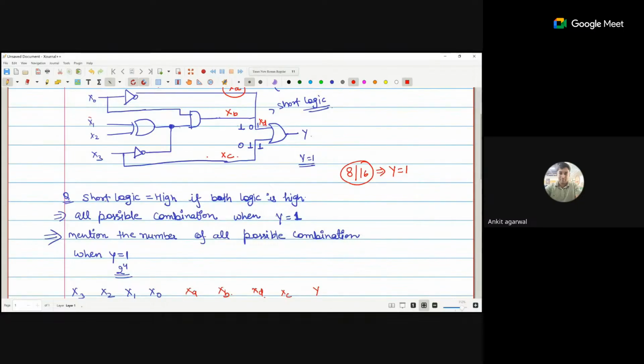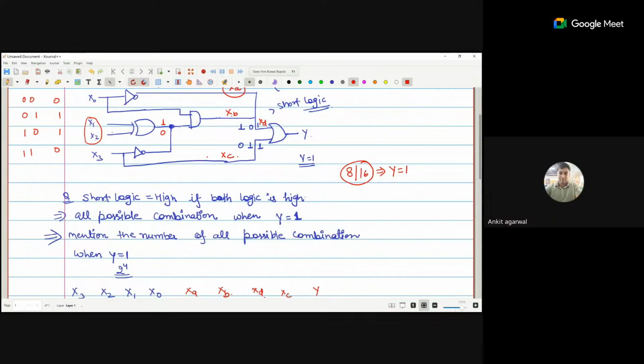When X1 and X2 go through the XOR gate, what the XOR gate says is: if both inputs are different, the output is 1, and if both inputs are the same, the output is 0. This is the table of the XOR gate. If both are the same, the output is 0, which means the AND gate output is also 0.